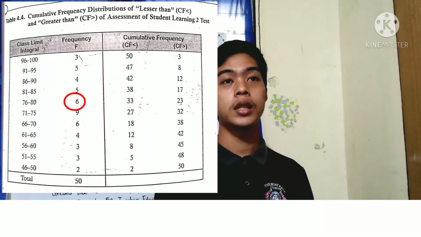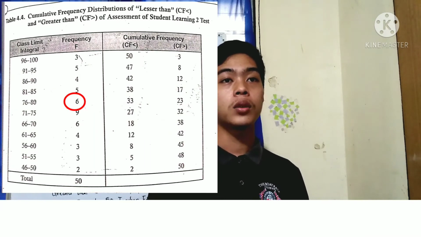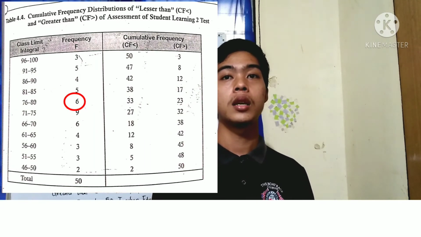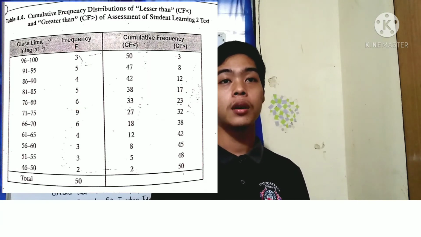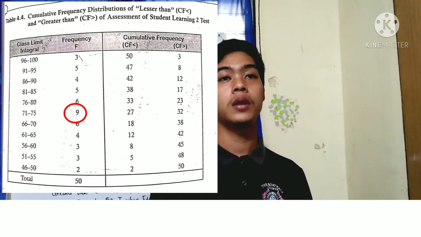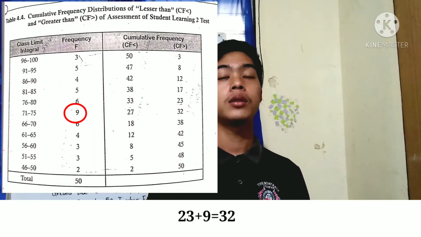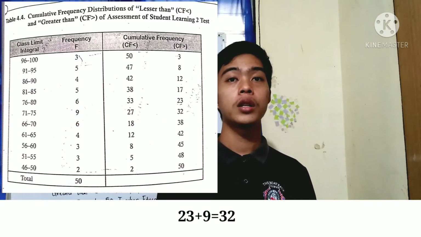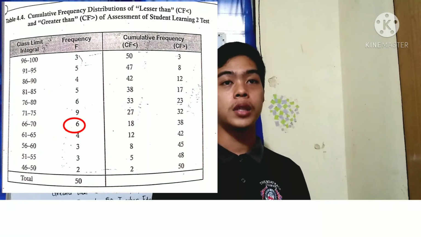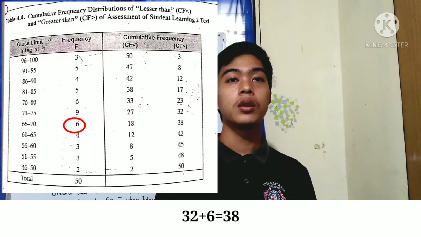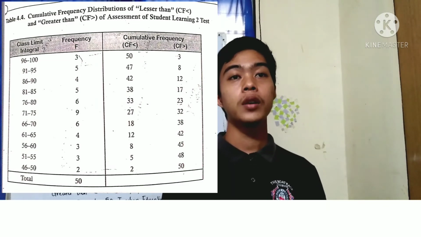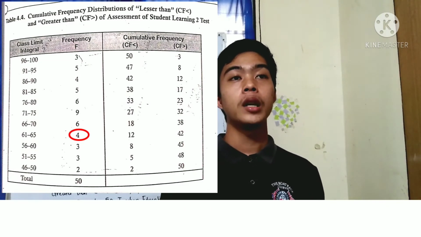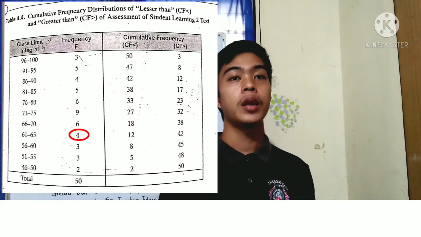For the frequency of 6 in the class limit 76 to 80, you will just add 6. So 17 plus 6 equals 23. For the frequency of 9 in the class limit 71 to 75, you will just add 9. So 23 plus 9 equals 32. For the frequency of 6 in the class limit 66 to 70, you will just add 6. So 32 plus 6 equals 38. For the frequency of 4 in the class limit 61 to 65, you will just add 4.